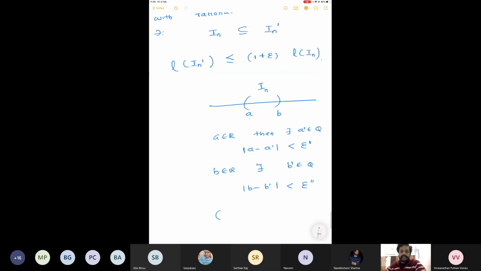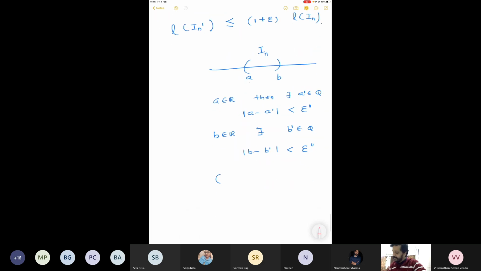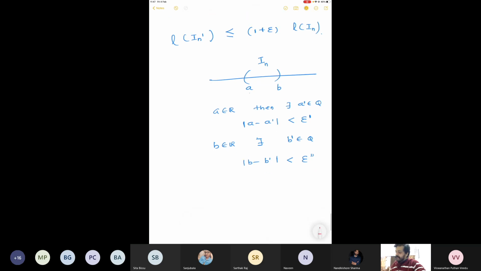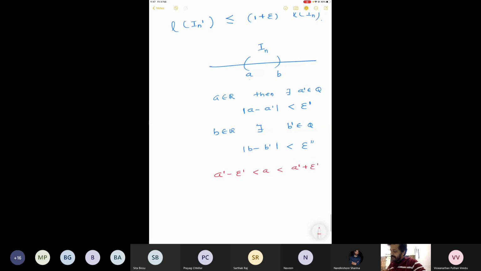I am just trying to say that finding an I_n dash with this property is always possible.